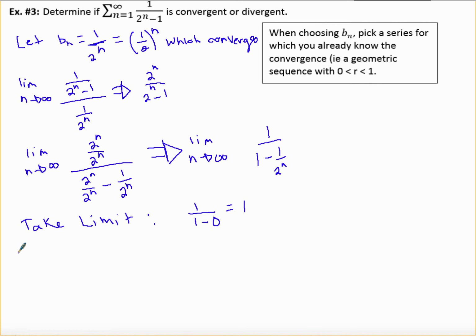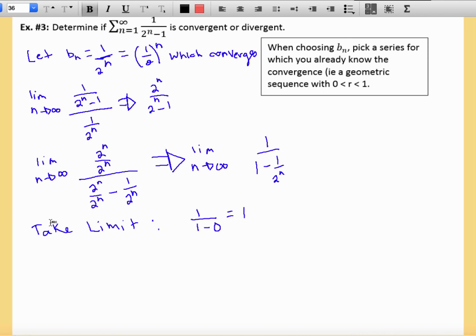Remember, you have to follow the rules for the specific test that you're trying to take. With the limit comparison test, if you take the limit and you get a constant number like we just got, then both sequences are going to converge or both sequences are going to diverge. Since 1 is a constant, both series converge or diverge.